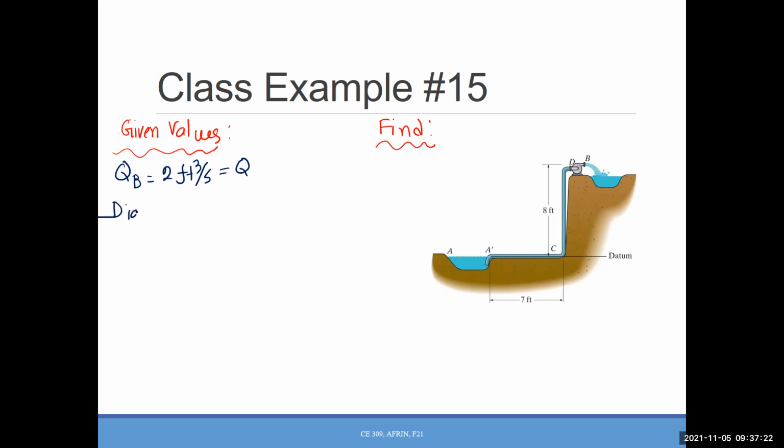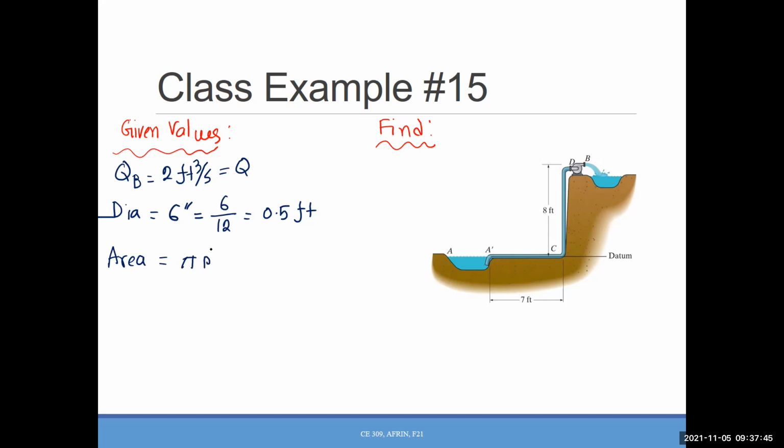Okay, what else do we know? The diameter of the pipe, which is 6 inches, and we can't work with 6 inches, so we will convert that into 0.5 feet. And if you know the diameter, you can calculate the velocity and the area both, right?